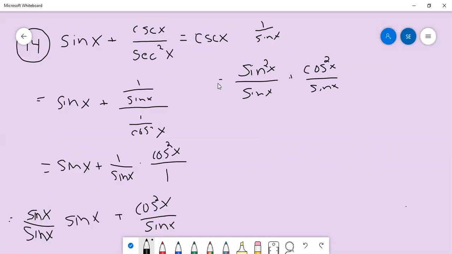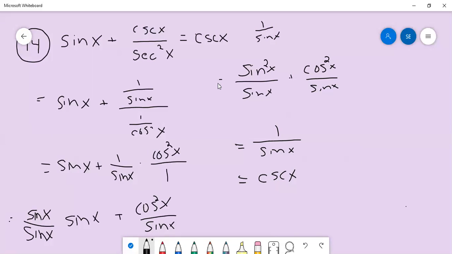Now I have the same denominator, so I can add my numerators. Well, sine squared x plus cosine squared x, that's my Pythagorean identity. That's just 1. And this is over sine x. And then 1 over sine x equals cosecant of x, which is what we were trying to prove.